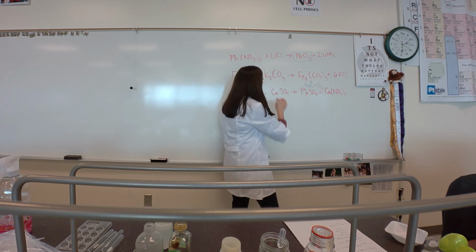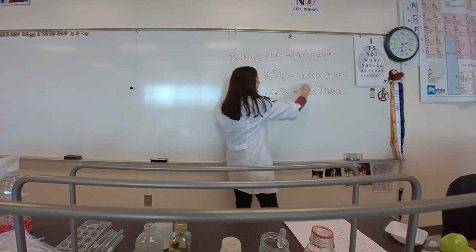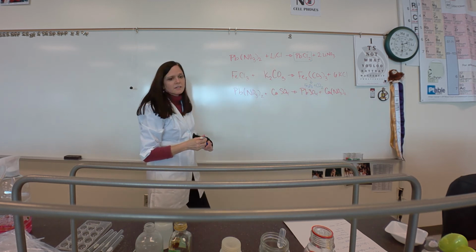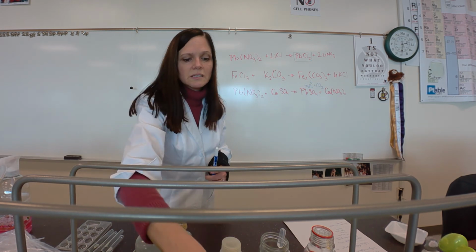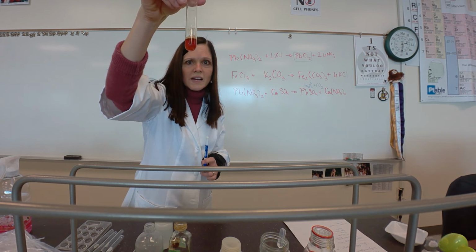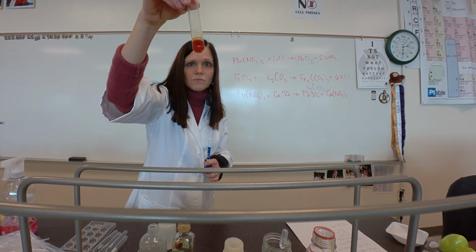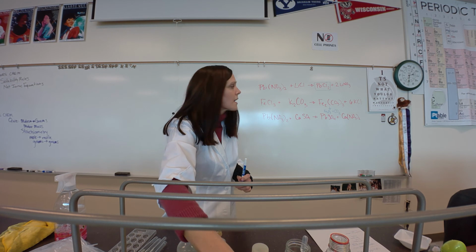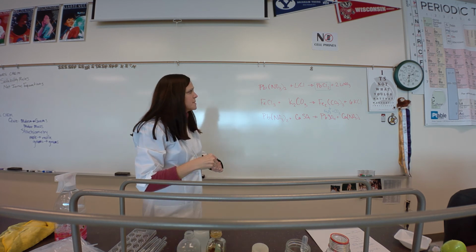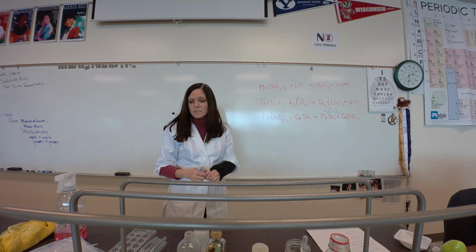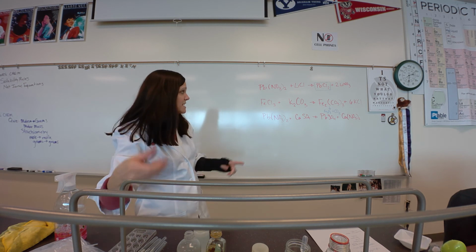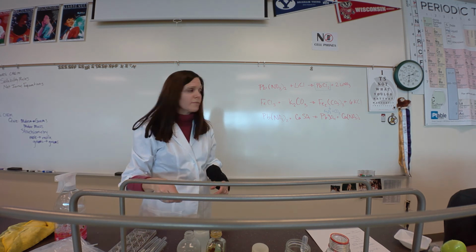I bet we have this double replacement, and then we have a decomposition going on here. So notice how it's nice and red now? Rust. We made rust, guys. Okay, and we created carbon dioxide. So we definitely get a precipitate, and we actually get a decomposition out of that one.